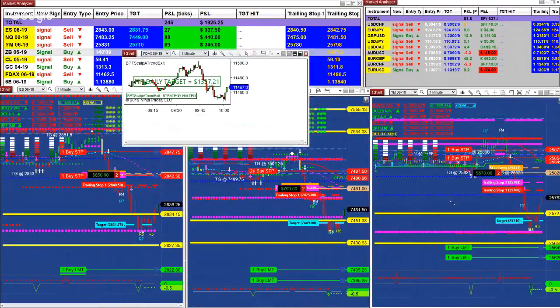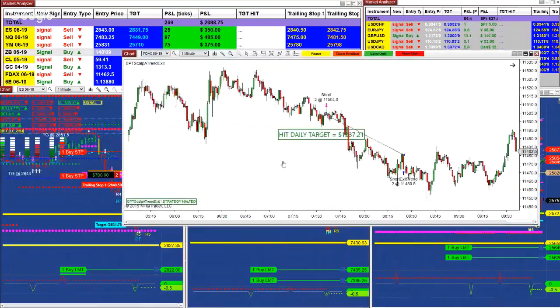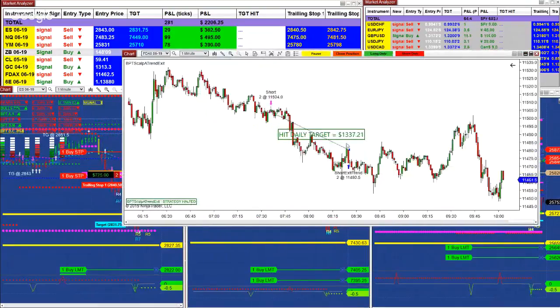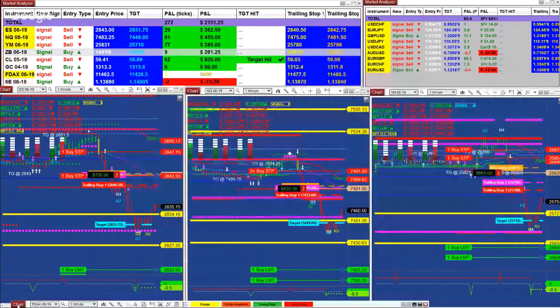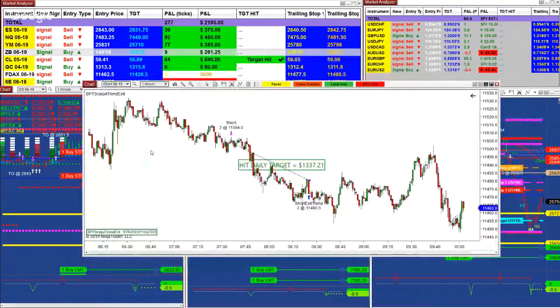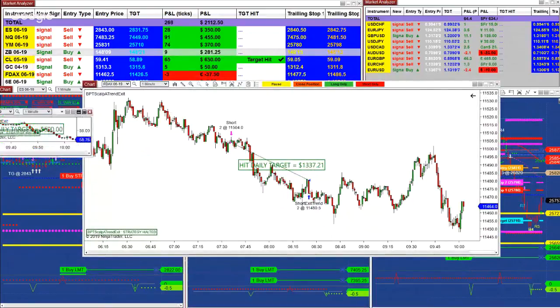This is the swing trading. If you are interested in swing trading, this is swing trading. Today I took one trade around 7:30 on the DAX and nailed 1,337. The daily target is $500, but if this auto trade is going in your direction, it is going to stay in that direction.